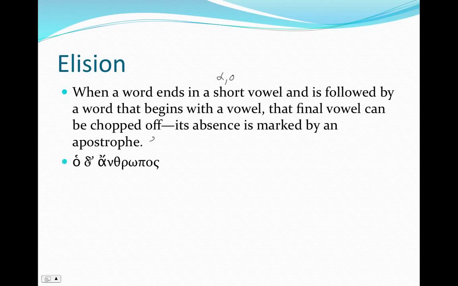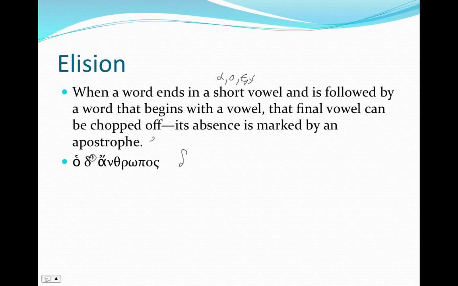Ho d'anthropos. All right, so we see the delta, we see an apostrophe. That apostrophe signals something's missing. It's a short vowel. Well, what's missing? What word begins with delta and has a short vowel?